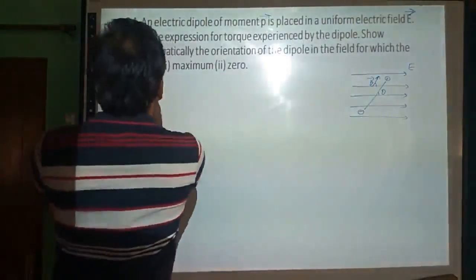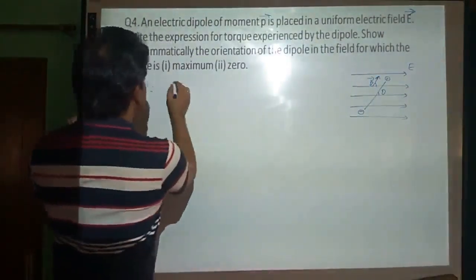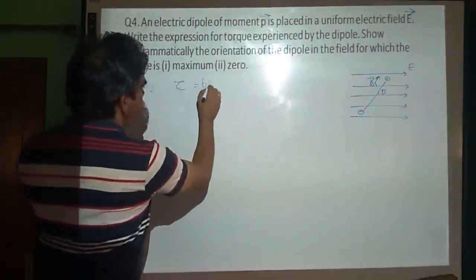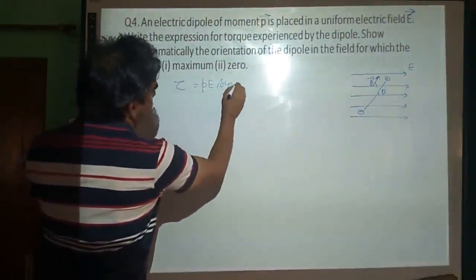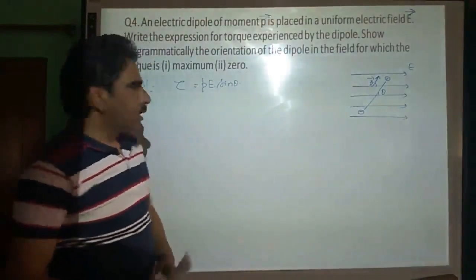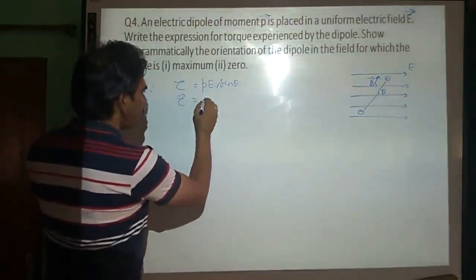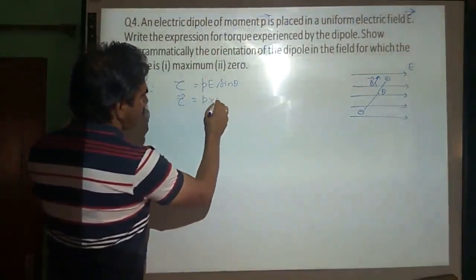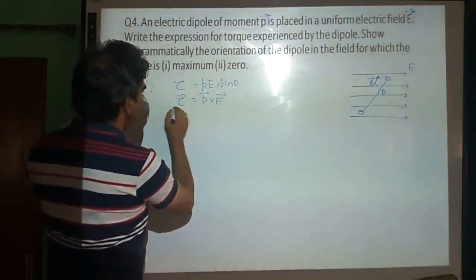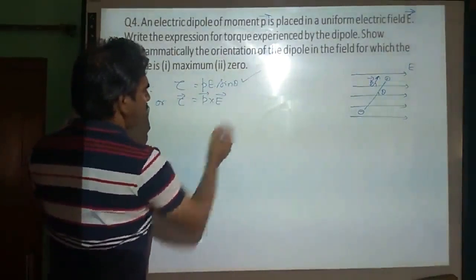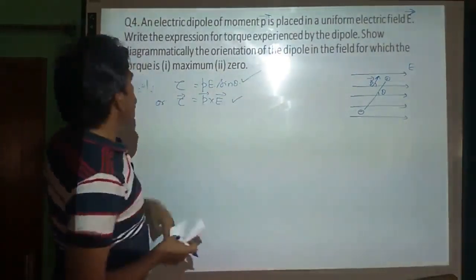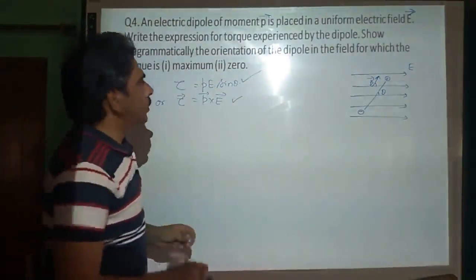So therefore torque, as we have discussed earlier, is equal to P into E into sine of angle between them, which is theta here. In vector notation, tau is equal to P cross E. This is in terms of magnitude and this is in terms of vector. So first part of question is complete.